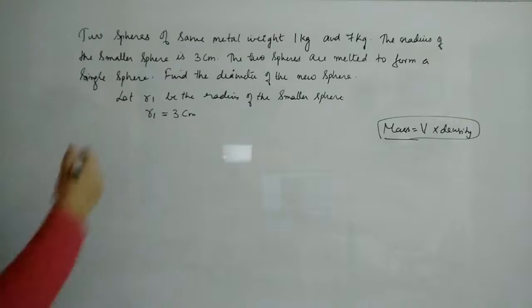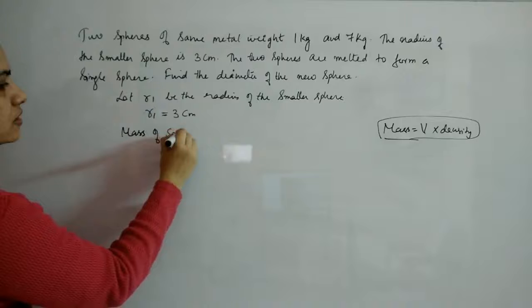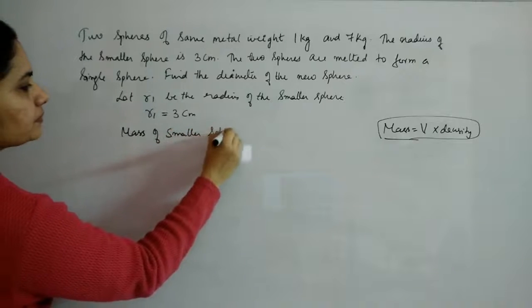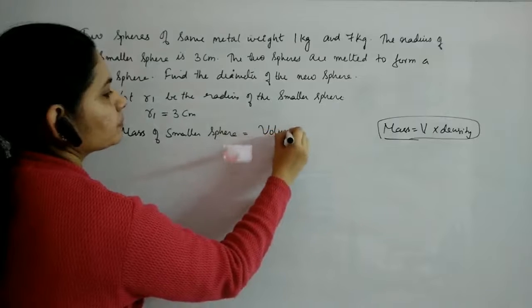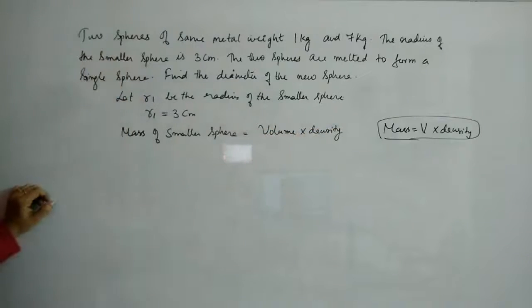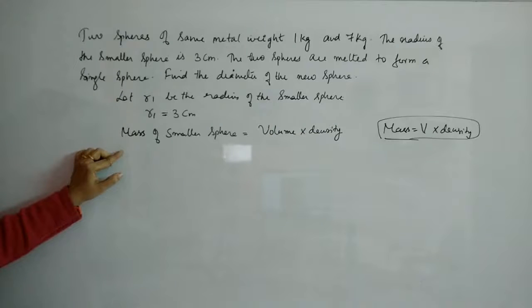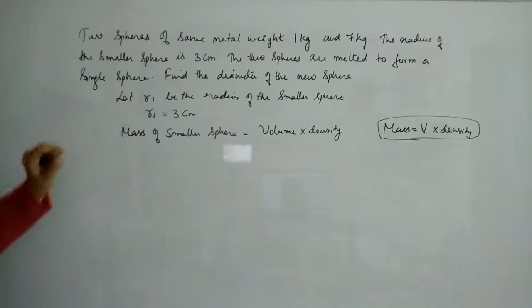Now what is the mass of this sphere? The mass of the smaller sphere is volume into density. You have studied this: mass is equal to volume into density, or volume is equal to mass by density. That we are using here. Now what is given as mass? That is 1 kg.